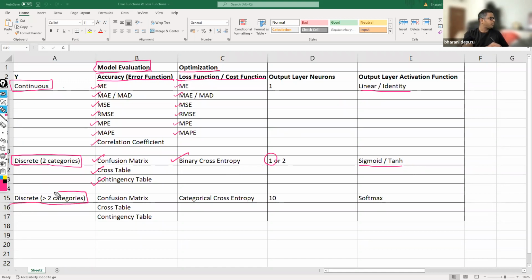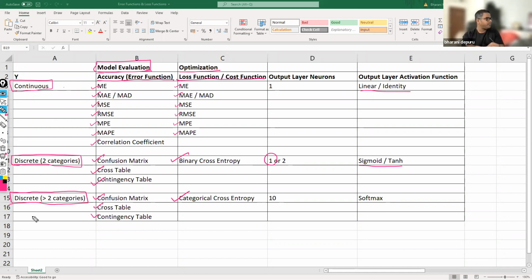If you have an output variable which is discrete in more than two categories, again, for model evaluation, you can use these. For optimization, we have something called as categorical cross entropy. If you ask me, is this the only loss function, cross entropy, or do we have anything else? Then I would say there are many other things, but these are most widely used.